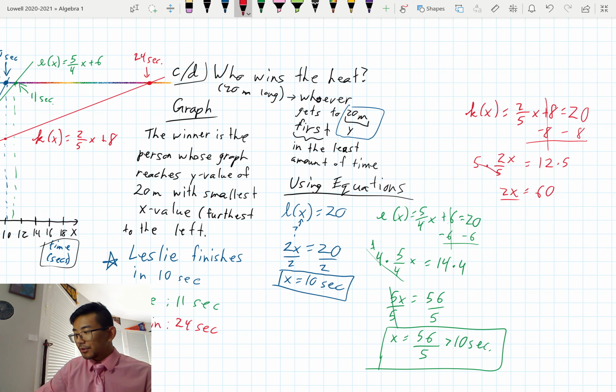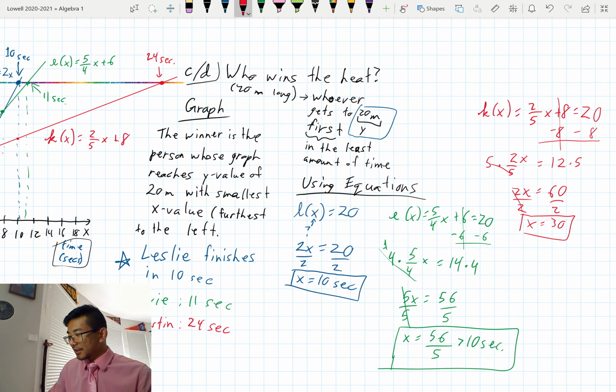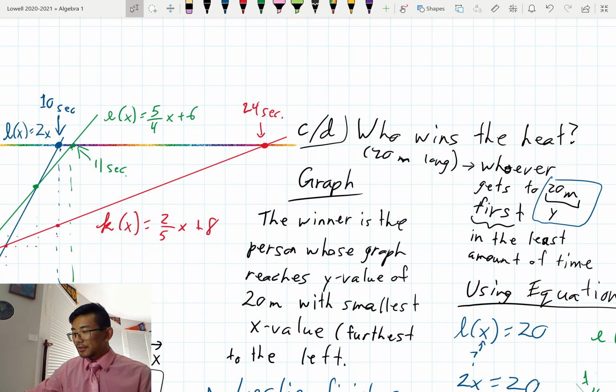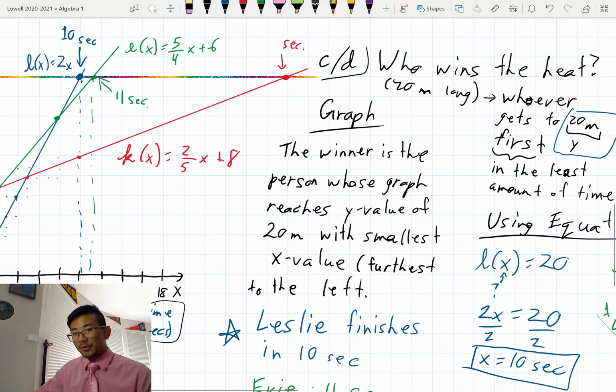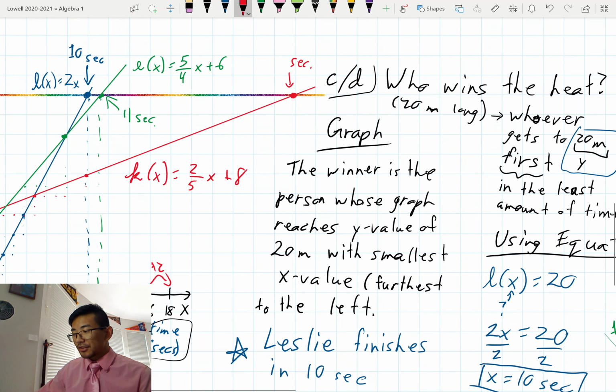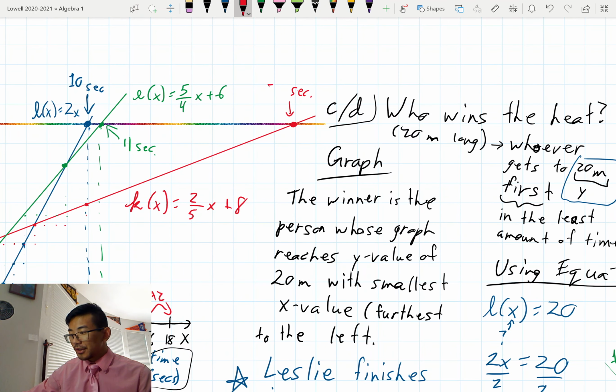And so x equals 30 here. Oh, I just realized the reason my graph was so far off was because over here, I counted six squares, but remember that my axes are going by 2s right here. So 6 more squares would be plus 12 from 18, so it'd be 30 seconds.